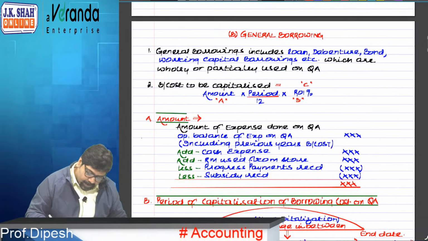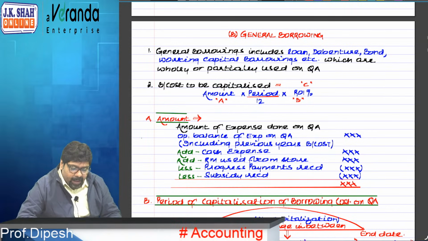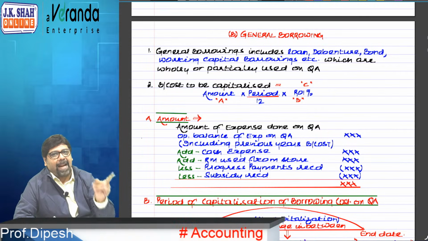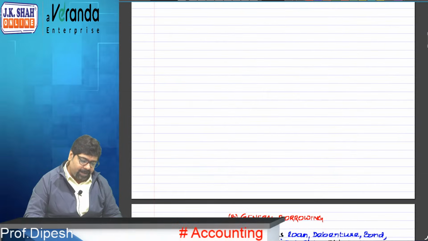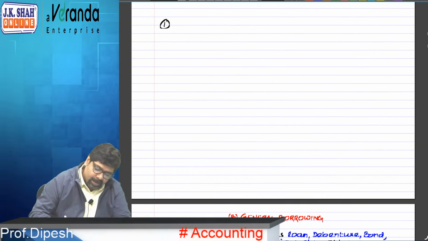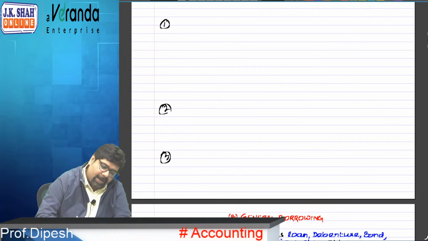Yes sir. General borrowings. Now this you need to understand. General borrowings means I had borrowed money and that money I am using it for construction. Now listen to these three situations. Situation 1, situation 2, situation 3. I have got asset 1, general borrowing, general borrowing, general borrowing.